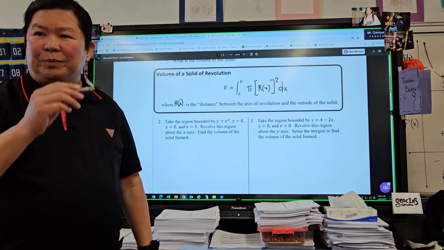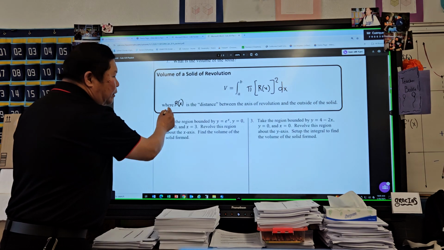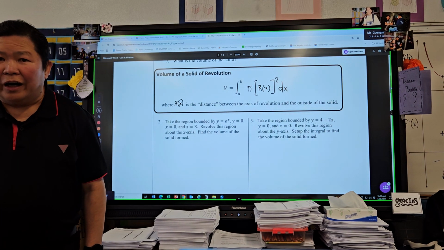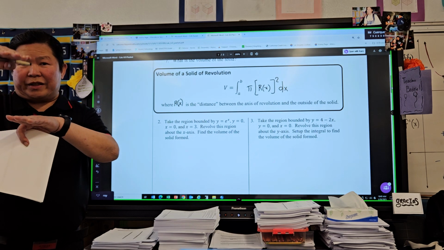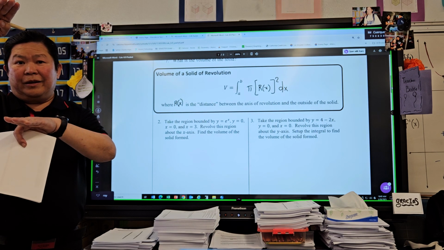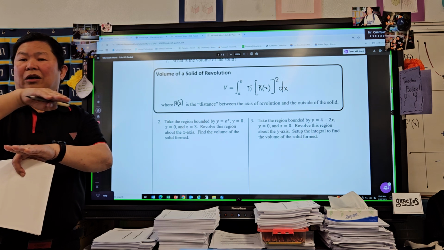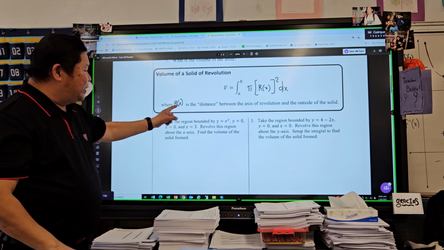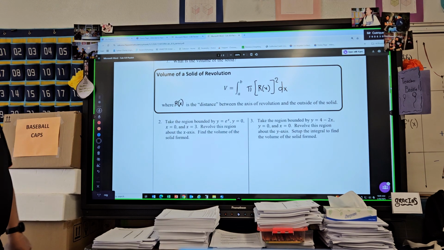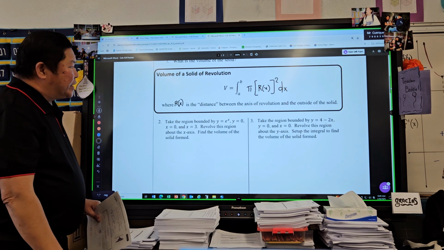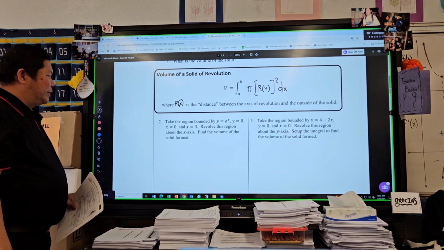But once it is being revolved, that's the reason why we do capital R. Radius is just half, right? But since you're going to revolve along the x-axis, that means you have R of x now. So between the x-axis of revolution and the outside of the solid.